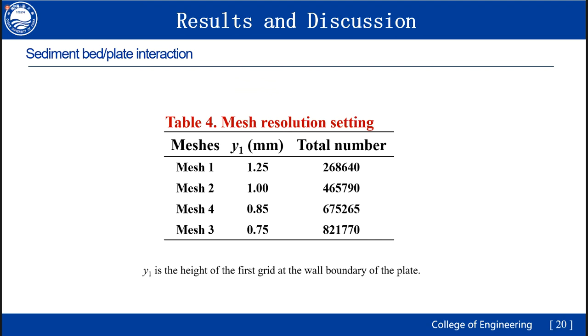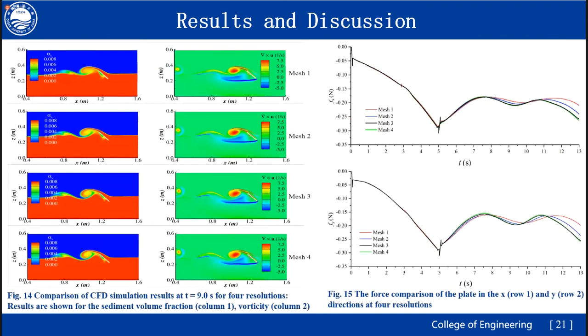So we test the resolution, mesh 1, mesh 2, up to mesh 4, where the resolution goes from 0.25 millimeter to 0.75 millimeter. And we compare the four mesh grid resolutions.